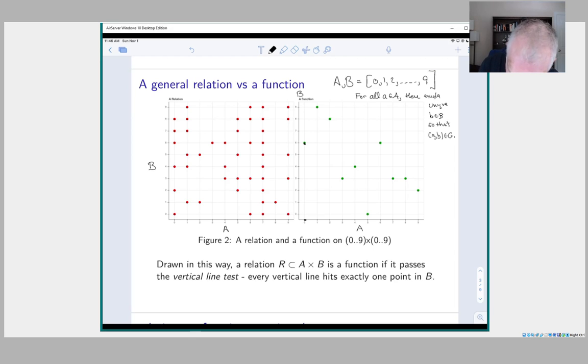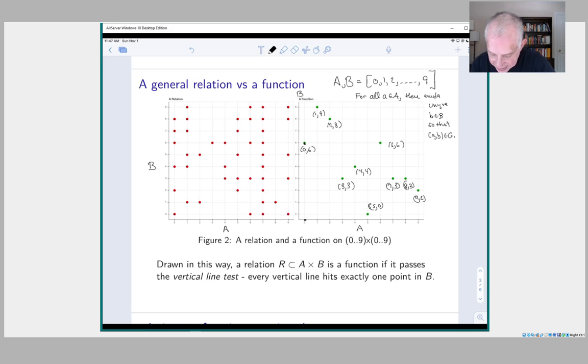So (0, 6) is in the set of green points. (1, 9) is in the set of green points. (2, 8) is in the set of green points. (3, 3) is in the set of green points. (4, 4), (5, 0), (6, 6), (7, 3), (8, 3), and (9, 2) are all in the set of green points.